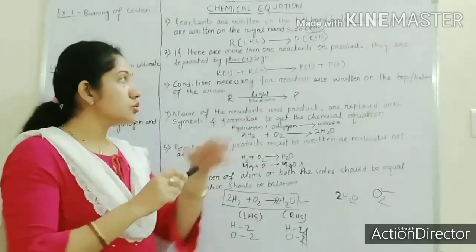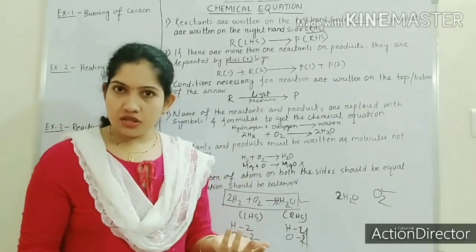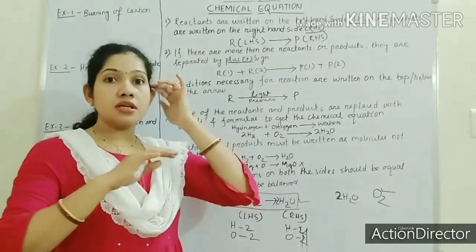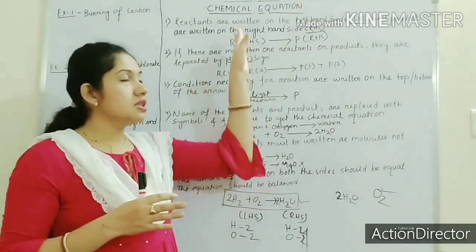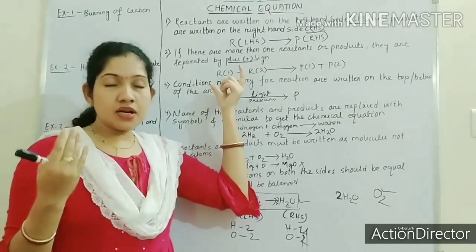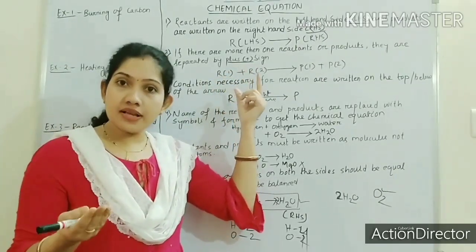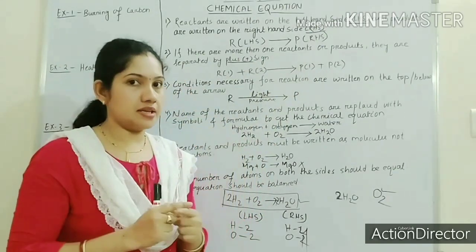So these are the rules that are involved while writing a chemical equation. Again, in short I am repeating, the reactant should be on the left hand side, the product should be towards the right hand side. Whenever a chemical reaction has more than one reactant or product, they need to be separated by a plus sign.